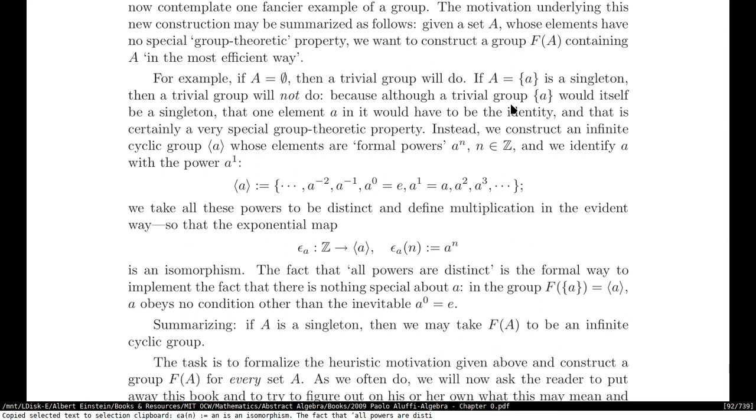So it doesn't matter which element you're taking, the fact that you have this cyclic group, which is just the group of powers, it doesn't have to satisfy any specific condition, right? Other than the fact that when you take the 0 power, you're going to get the identity, which has to be there, because otherwise you're not going to have an identity. You need an identity for a group. So yeah.